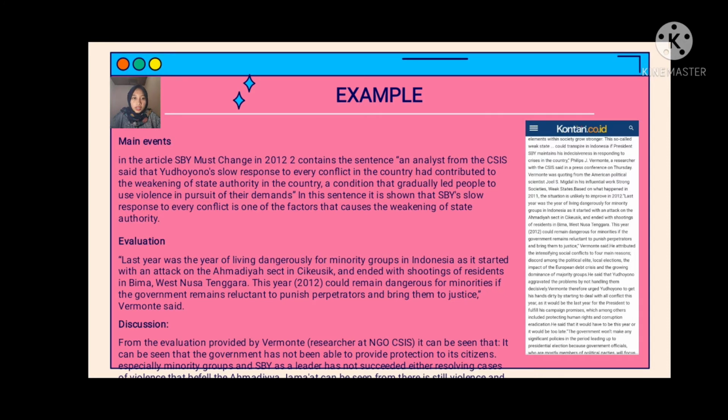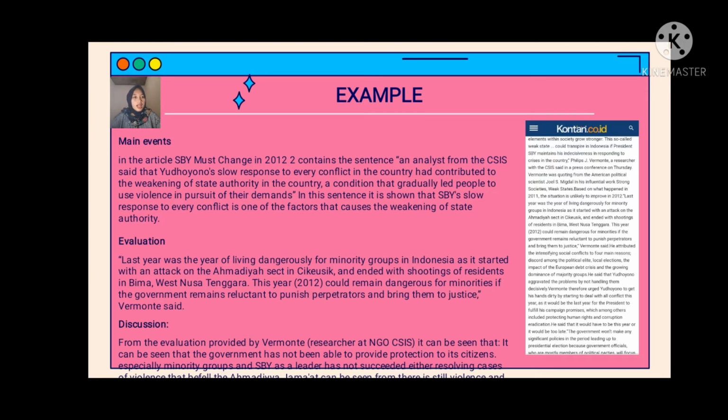In the article, we can see a part that states that last year was the year of living dangerously for minority groups in Indonesia, as it started with an attack on the Ahmadiyya sect in Cikeusik and ended with the shooting of residents in Bima, West Nusa Tenggara. This year, 2012, could remain dangerous for minorities if the government remains reluctant to punish perpetrators and bring them to justice.